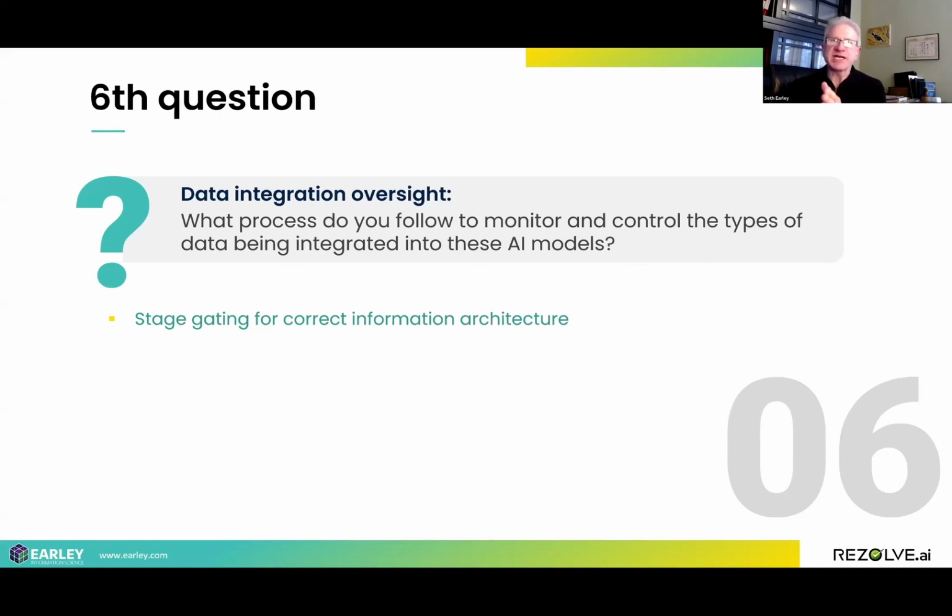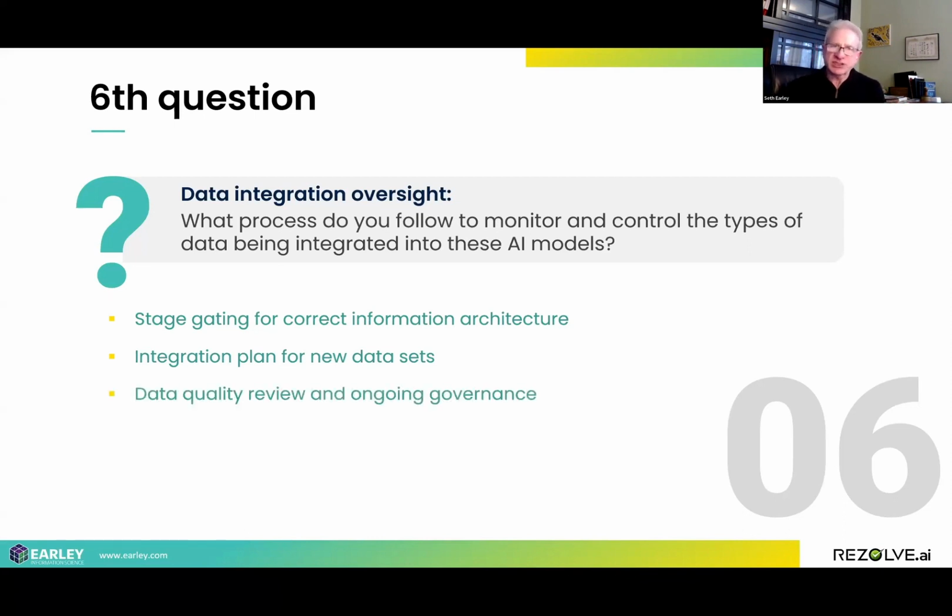So the stage gating should be to monitor that you don't want people making up an entirely new information architecture for their new product, or for their new data source. You want to have a group of people who understand the existing architecture and know how to integrate that.